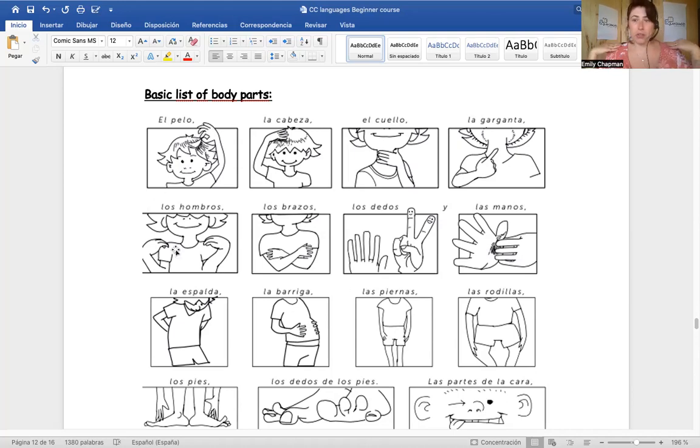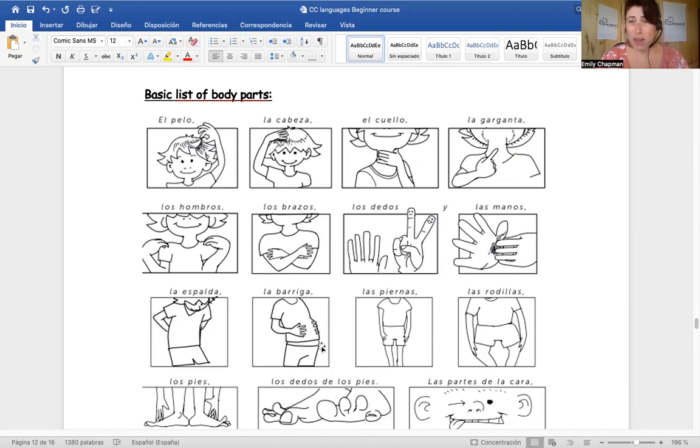Los hombros, shoulders. Los brazos would be arms. Los dedos, fingers. Las manos, hands. La espalda would be your back. La barriga, belly, stomach.